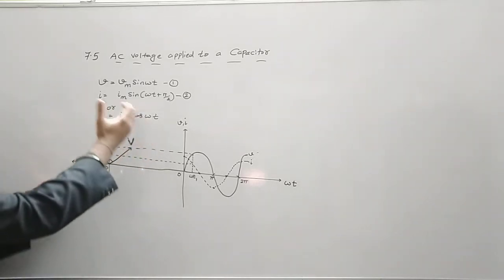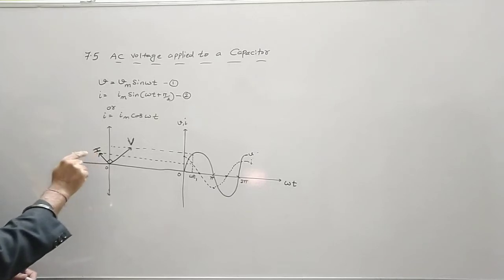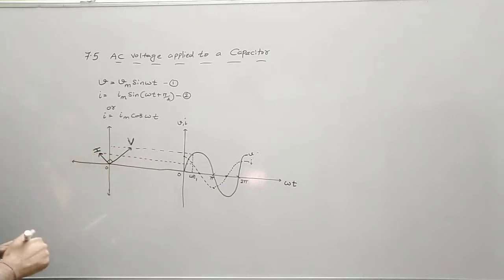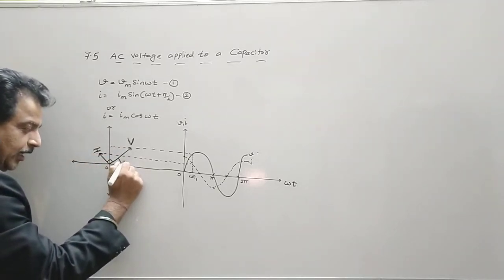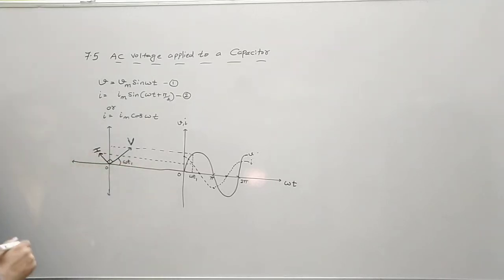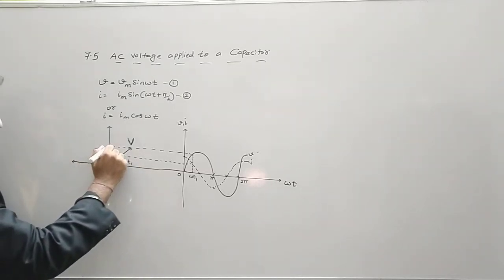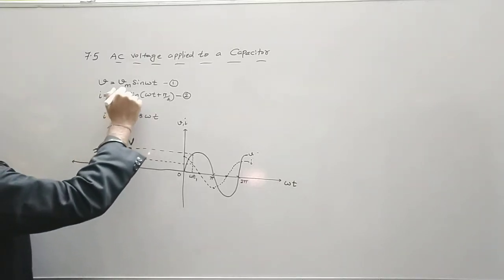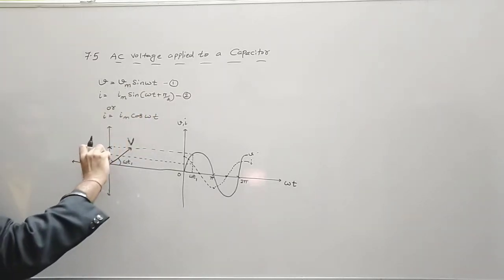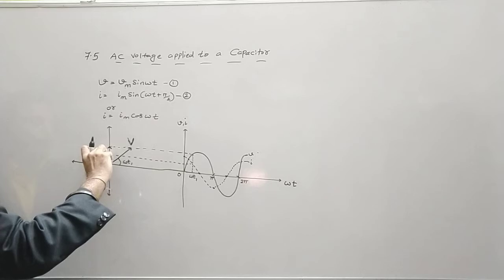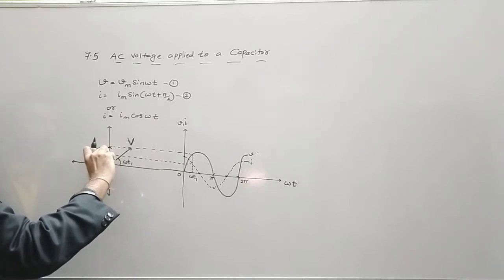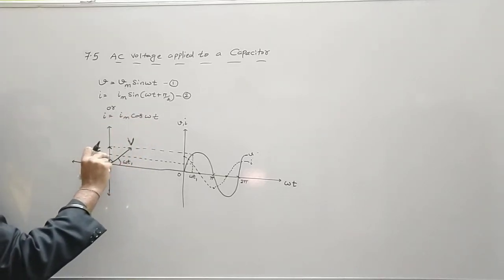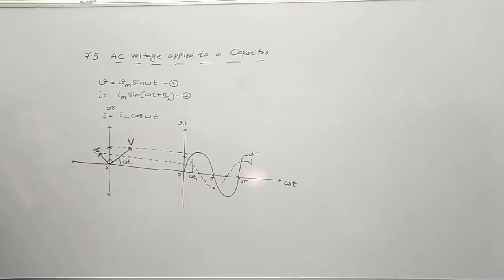When this phasor rotates anti-clockwise at any instant, the current will always be leading the voltage by 90 degrees, and this angle is omega t1. If we write the vertical component, this component becomes Vm sin omega t, and the other vertical component will become Im cos omega t, because this angle will be 90 minus omega t.